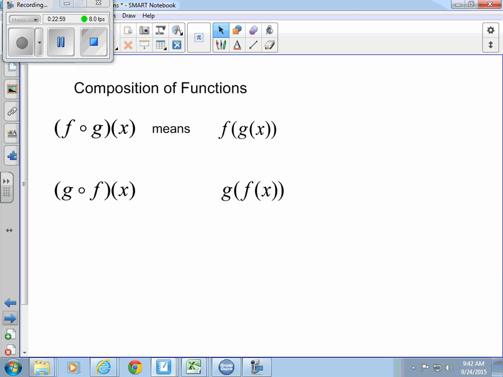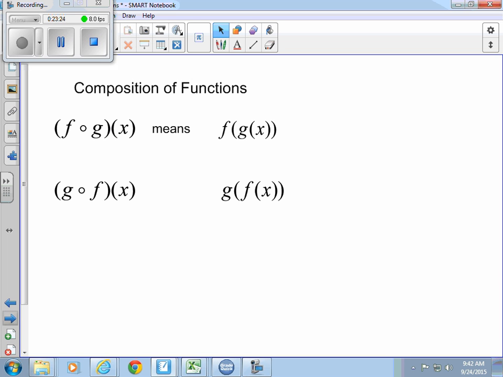So how do you read it? This is not a multiplication symbol. The multiplication symbol is just a dot. So make sure you get those straight in your head. The dot means multiply. The open circle means composition of functions. And that's how you read it, f of g of x. I'm going to write it how I read it, because this notation does not make sense, but this notation does.